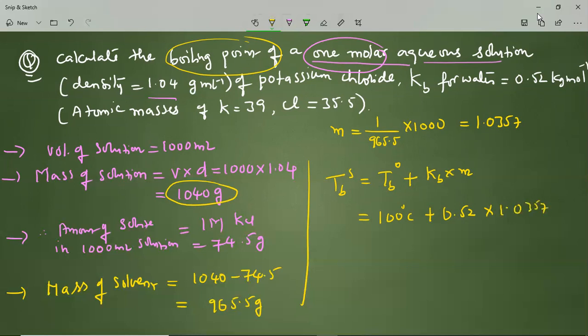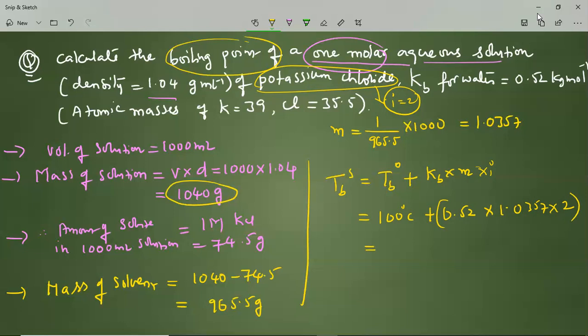And the most important thing to be noticed here is that it is potassium chloride, so its i value is 2. So I have to multiply this with i, its i value is 2. Otherwise, an error will come, because a factor of 1/2 will be introduced. We'll be discussing the 1/2 factor later on.